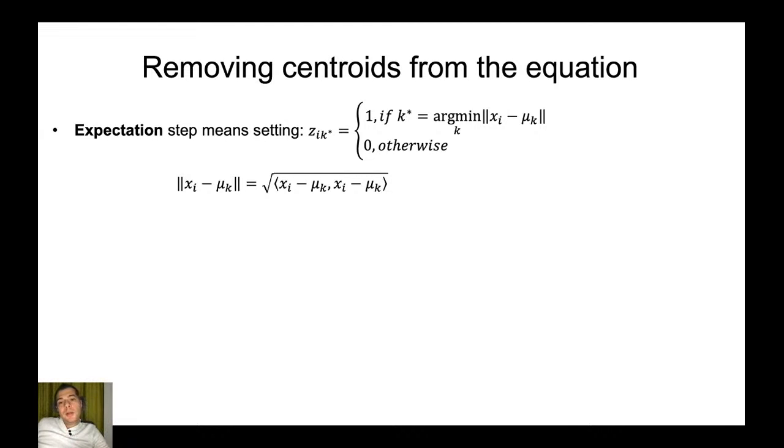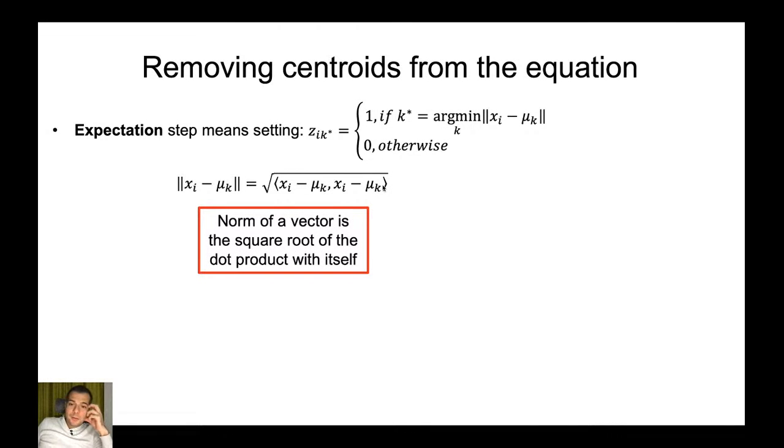Here we try to make explicit the distance between x i and mu k. This is actually the L2 norm, which is given by the square root of the scalar product of the differences.